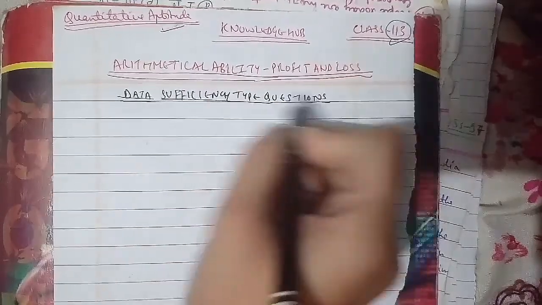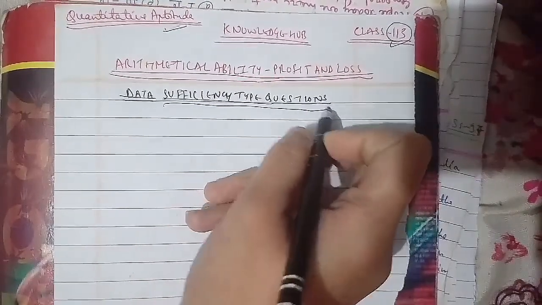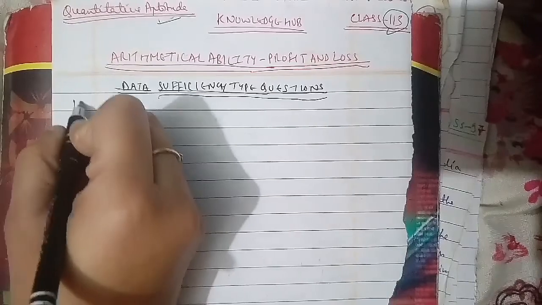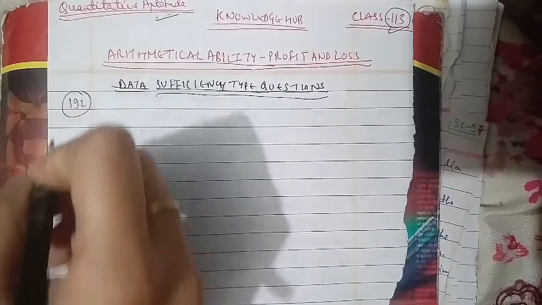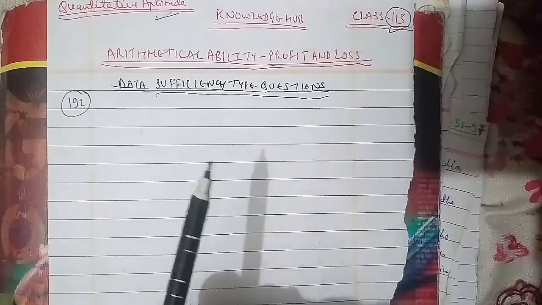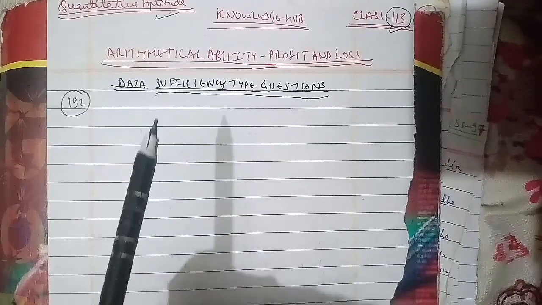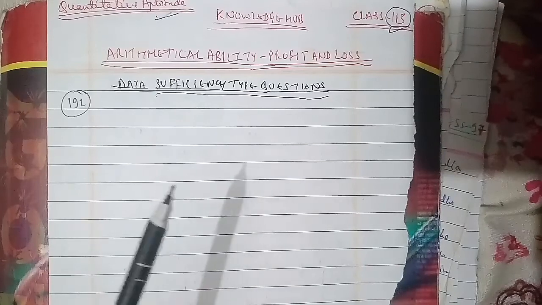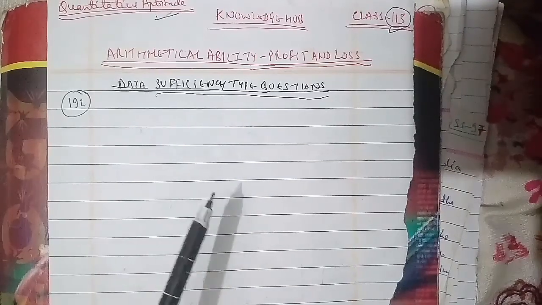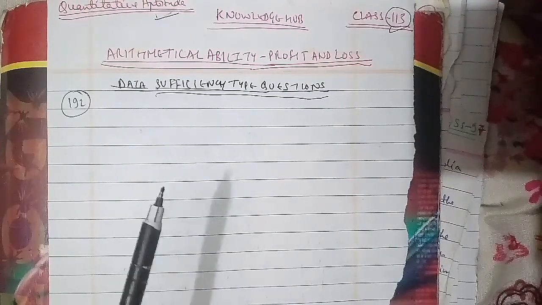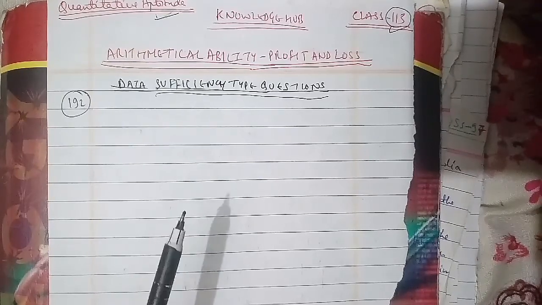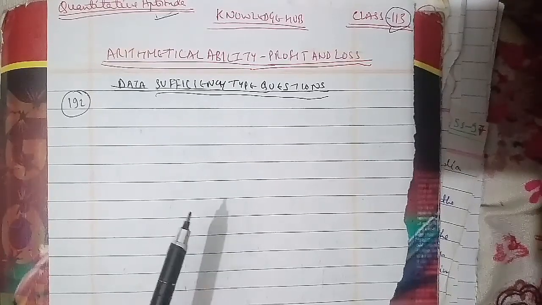That's what we have to cover here. The question 192 we have: a shopkeeper sells some toys at rupees 250 each. What percent profit does he make? To find the answer, which of the following information given in statements 1 and 2 is or are necessary? You have to answer it. So we go ahead with the question first.